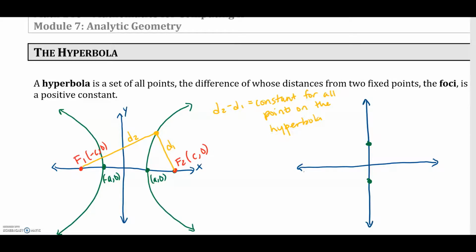There's also co-vertices, which appear on the x-axis, and we can consider a rectangle. I'm drawing it in dotted lines because it isn't part of our graph. What this rectangle provides us with is the means to draw the asymptotes of our hyperbola.